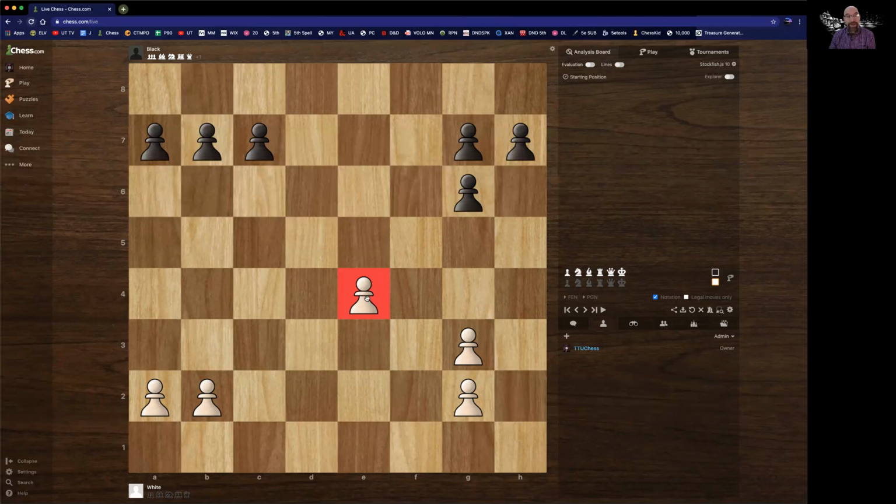The problem with isolated pawns, of course, is that they don't have pawns on either side to defend them. These 2 pawns can work together and help each other. But this pawn in the center doesn't have anyone to help it. Isolated pawns, as I said before, make for a great target.